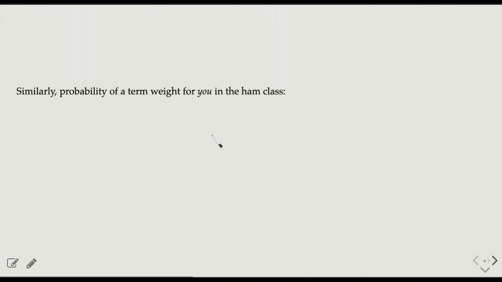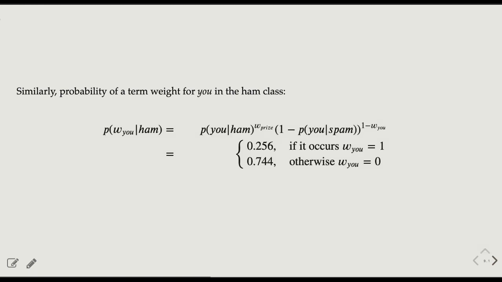And so similarly, we can estimate the probability of term weight for you in the ham class. So this is just to show you another example of how you estimate the probabilities for different terms in different classes. In here we have the ham and the spam class, and we have the term you, the price, and other terms.